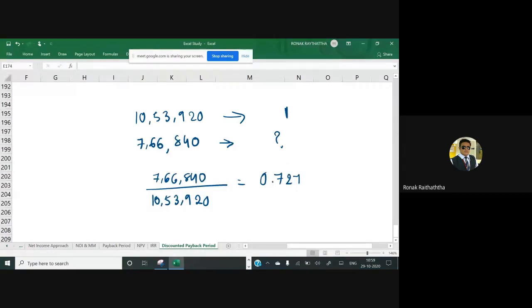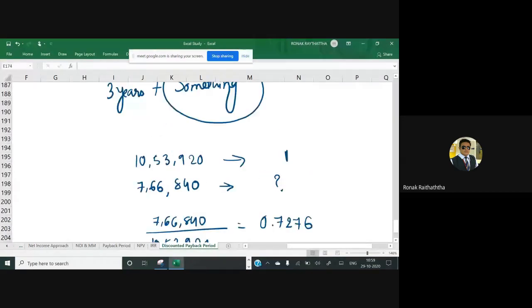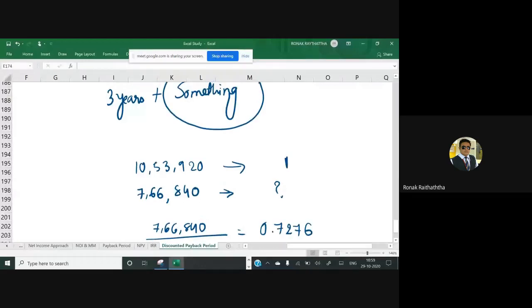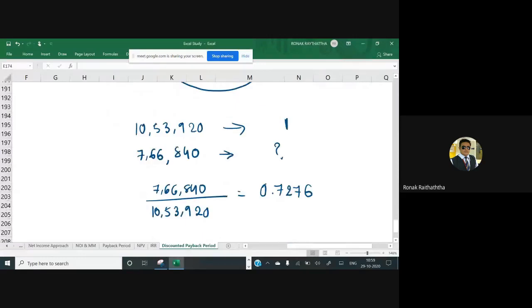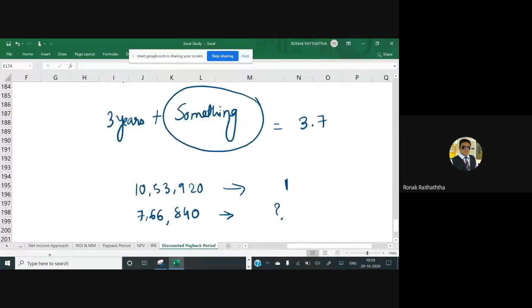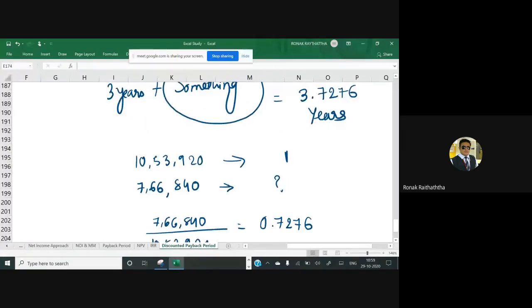Okay, sir. So we have come to know that this something is nothing but 0.7276. So I may write it in a decimal that 3.7276 years is the payback period. I hope you are absolutely aware about the thing that we have done.